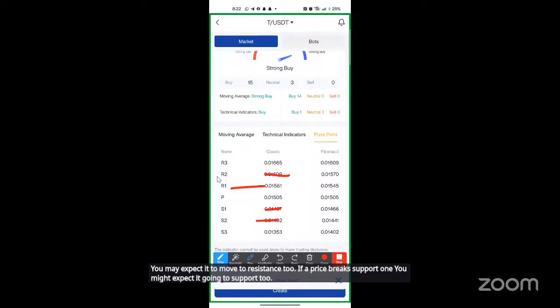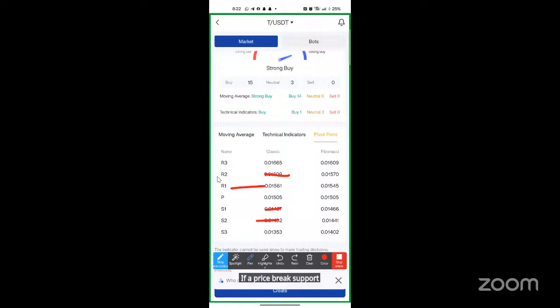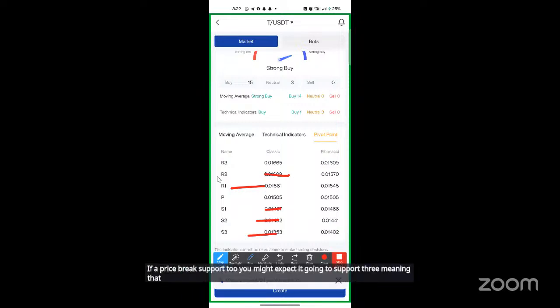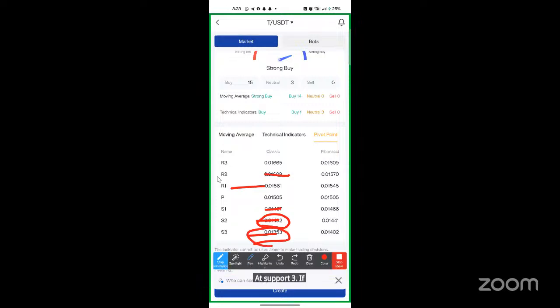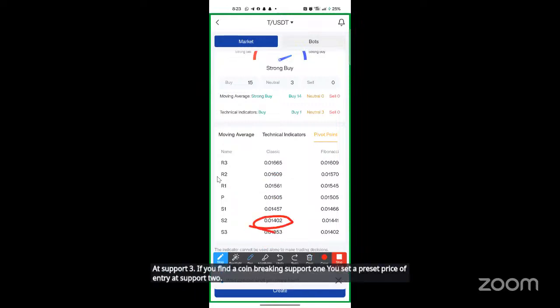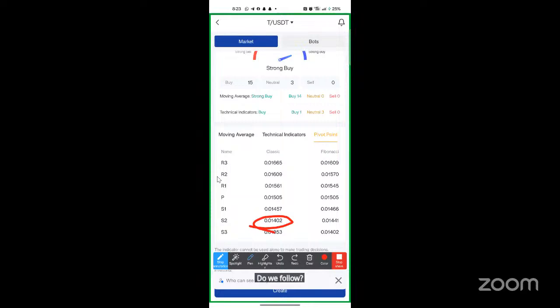If a price breaks support 2, you might expect it going to support 3. Meaning that if you find a coin at support 2, you can set a preset price at support 3. If you find a coin breaking support 1, you set a preset price of entry at support 2. Do we follow?